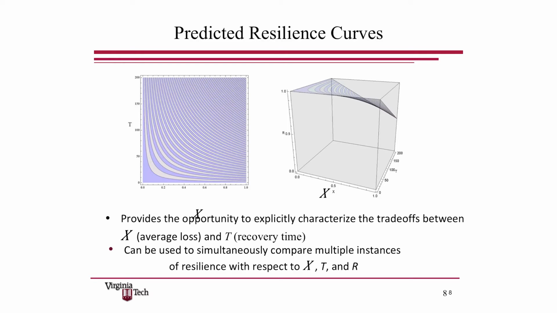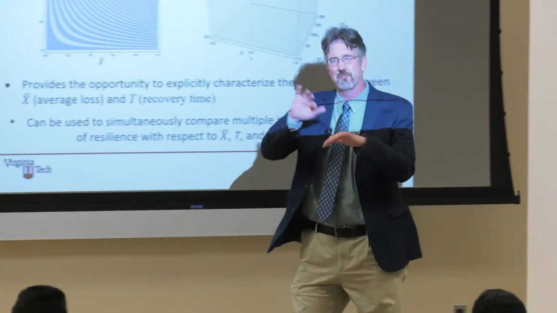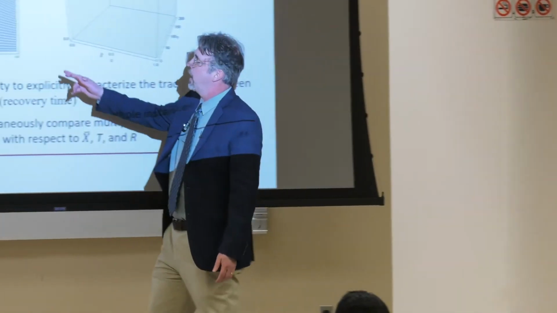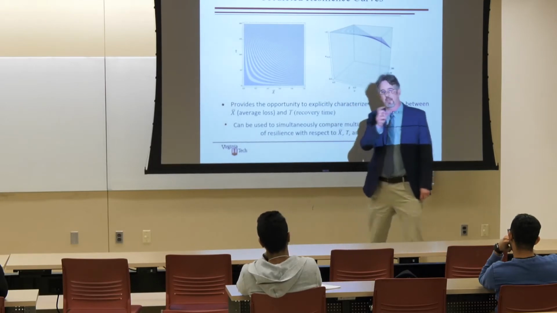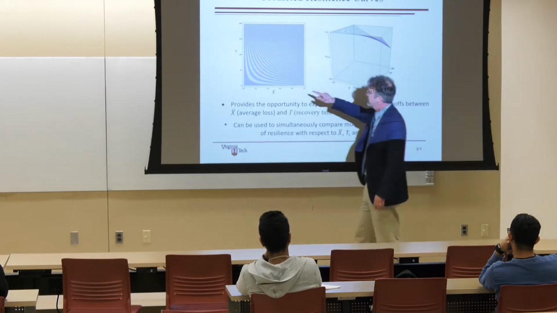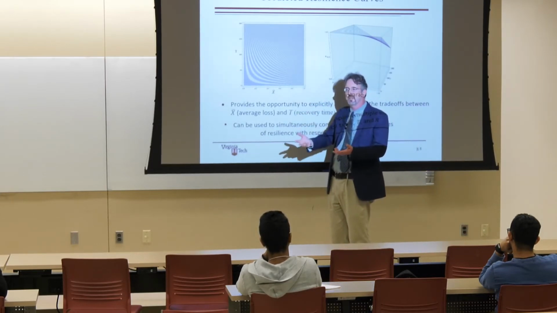And so there are trade-offs between loss and recovery time. Those trade-offs come into play if you use this very simple formulation, and if you plot the hyperbolas that it represents, you get these predicted resilience curves. And there are things we can do with this for visualizing the trade-offs. Now I can plot an instance of a loss curve where I've got the average loss over the period of time and how long it took to recover. In fact, I can plot 100 different systems in my simulated results.